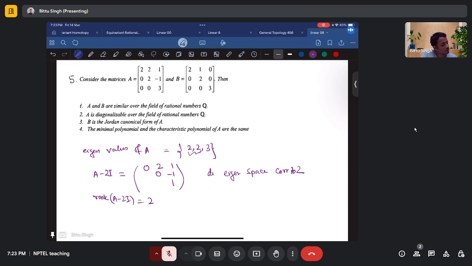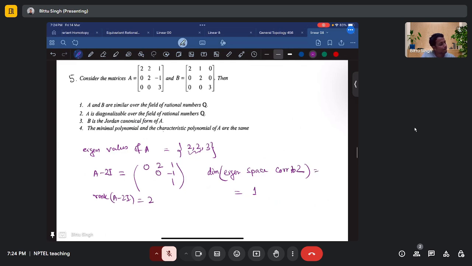So the dimension of this eigenspace is the same as the nullity of A minus 2I, which is 1.